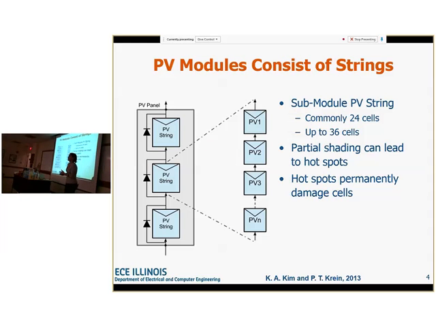Say we have that panel with 3 strings in it. Usually each string has 12 to 36 cells. The longer they are, the worse the hot spotting is likely to be. The most common length is about 24. The one I just showed had 3 strings, but they can have 4 strings, which is more common in some of the larger panels today.